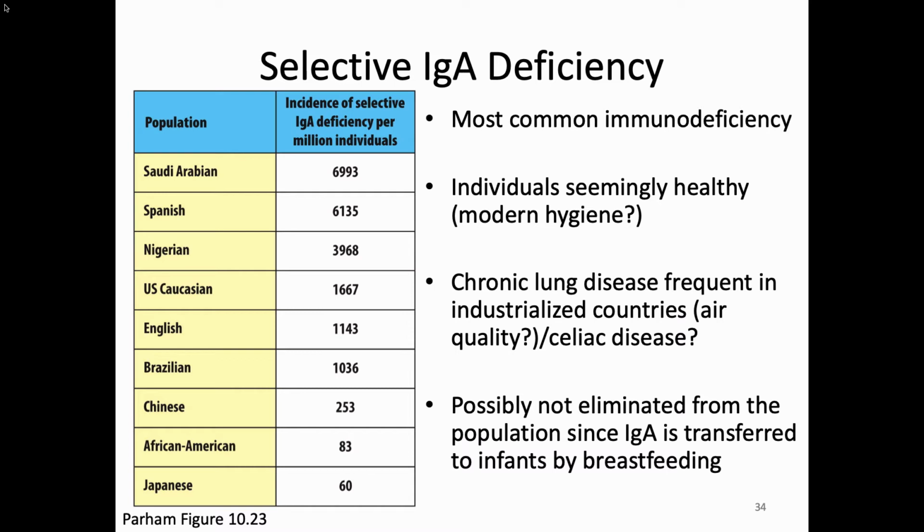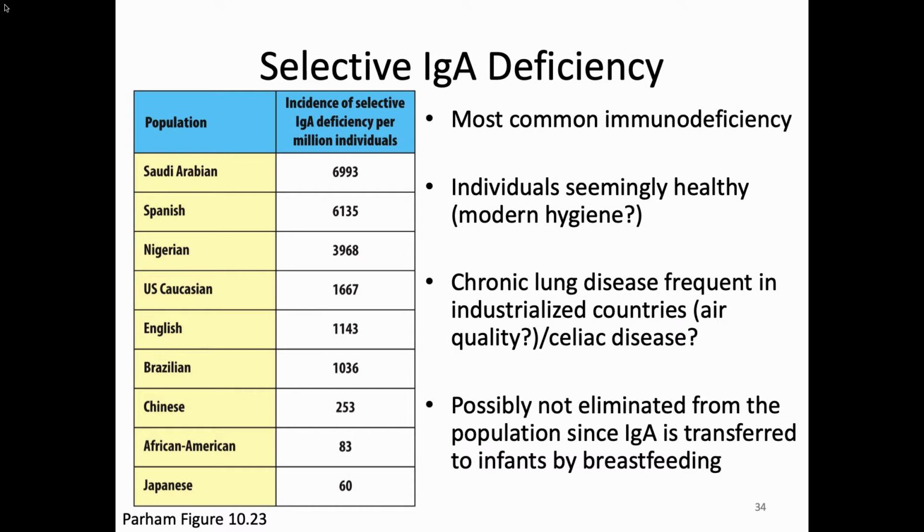And some people have wondered, well, why has this not been selected against? Why have we not gotten completely rid of selective IgA deficiency? And if you think about it, most babies have IgA because they're breastfed. So if they have IgA deficiency, it doesn't matter. They got mom's IgA.